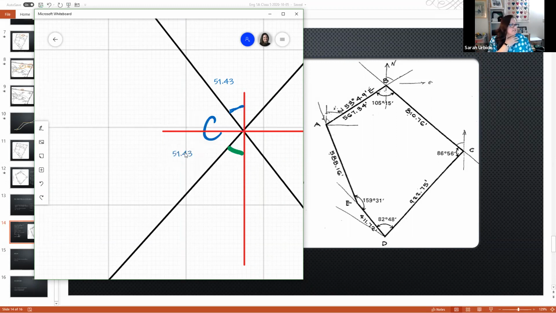But the interior angle at C is 86, and it's almost 87 degrees, right? .93. So if we do the math on that, what does that mean this angle is?